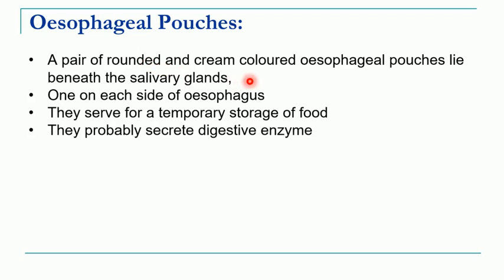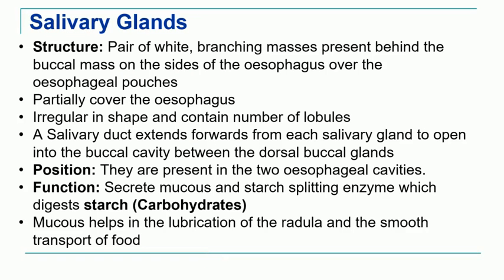We can summarize: they are paired, rounded, cream colored structures present on either side of the esophagus, serving for temporary storage of food and secreting some important digestive enzymes.